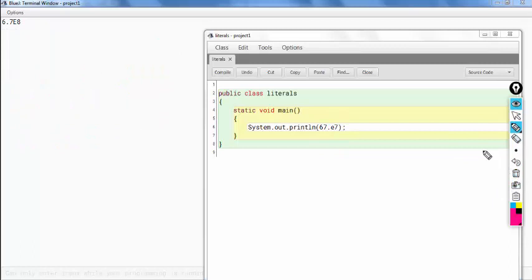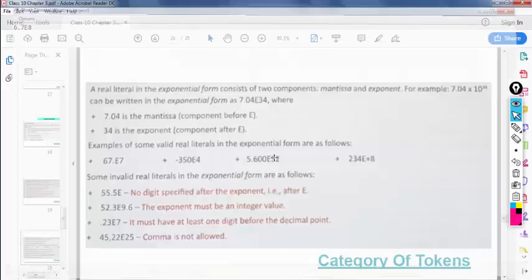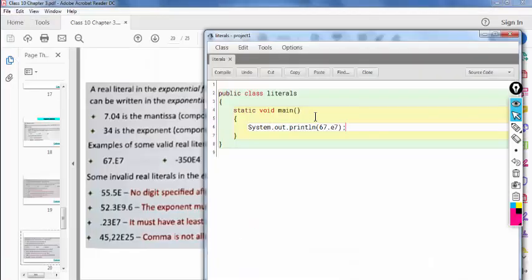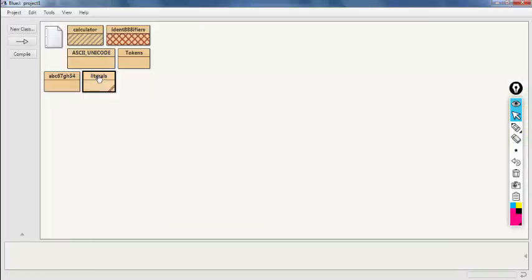Let's take the second example from the book. So minus 350 E4. The number is minus 350 E4. So let's see the output for this.